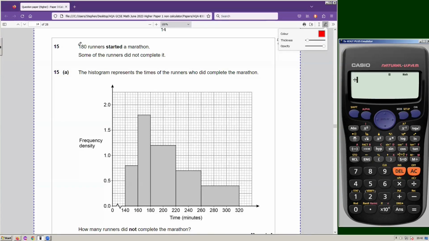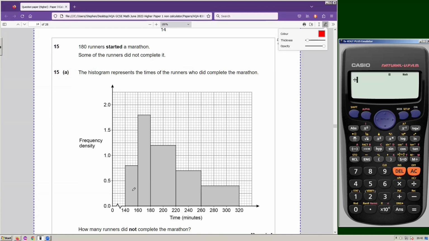Question 15. 180 runners started a marathon. Some of the runners did not complete it. Question 15a. The histogram represents the times of the runners who did complete the marathon. What's our question? How many runners did not complete the marathon? Okay, this is all the data.